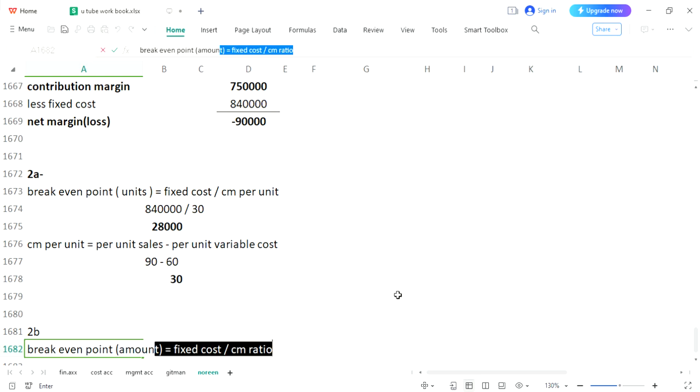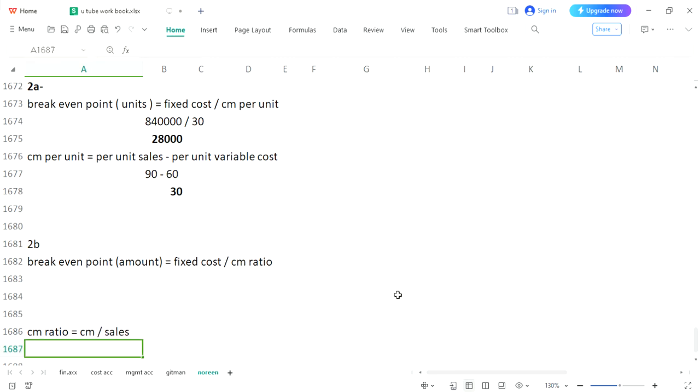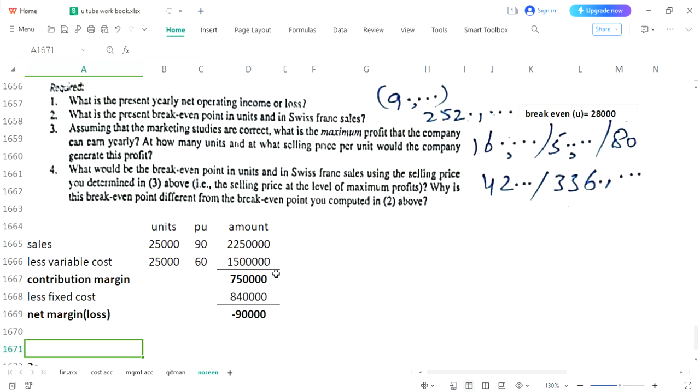Here Swiss francs are used, which is fixed cost will be divided by CM ratio. Before calculating break even point, we will calculate contribution margin ratio, and that would be calculated by CM divided by sales, with which CM ratio would arrive. So go back to the question. We have calculated, you can calculate CM over here as well per unit.